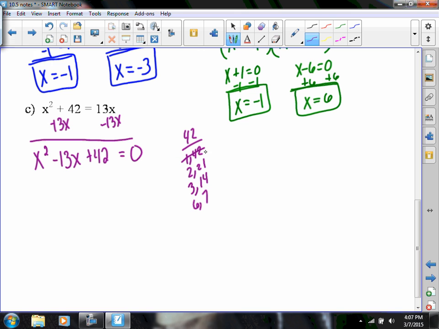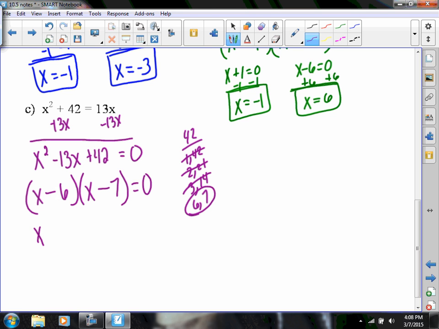So it's not the 1 and 42, not the 2 and 21. 3 and 14, I could get to 17 or 11. There we go. 6 and 7. 6 and 7 will add up to 13. And if I make them both negative, they will get me to a negative 13. So I need an x and an x, and a 6 and 7, and they both need to be negative. So that way they add to a negative 13, but multiply to a positive 42.